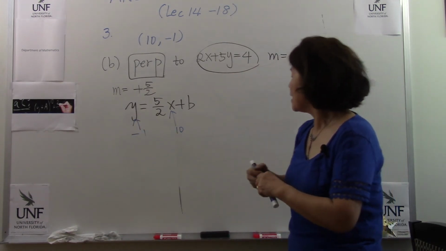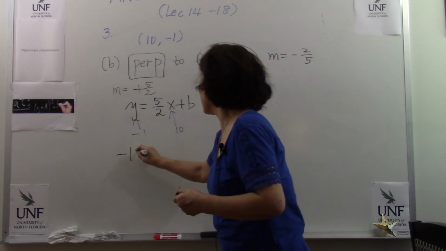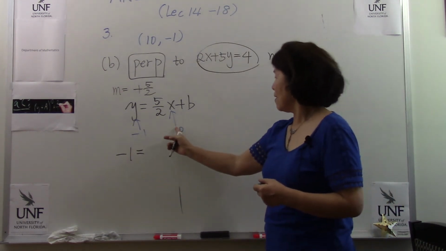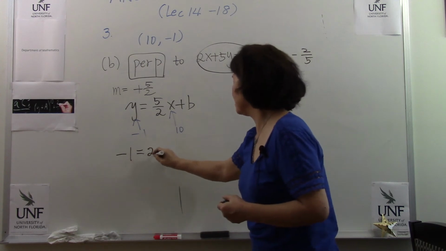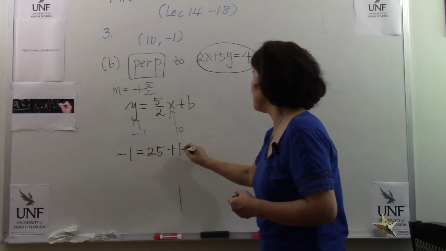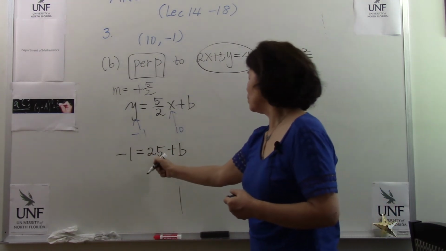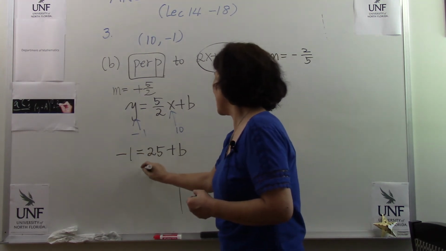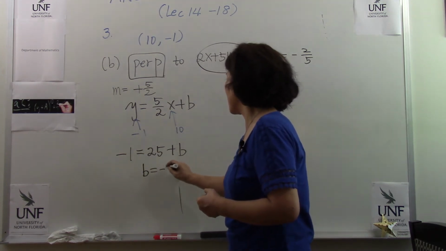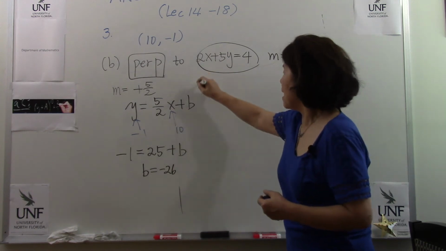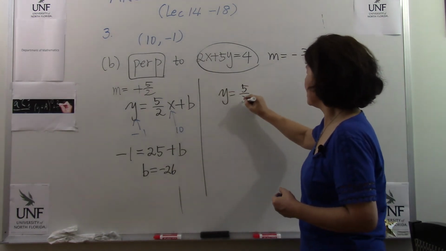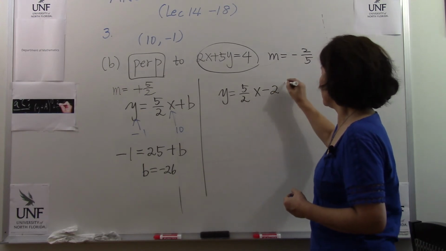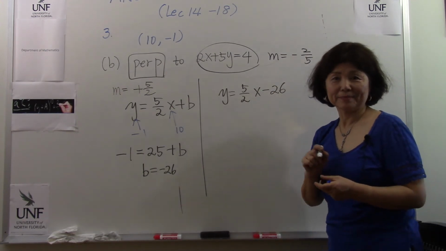So that gives you negative 1 equals, plug in 10, we cancel the 5 and 5, so that gives you 25 plus b. Now you subtract 25 from both sides, make it b equals negative 26. So our equation is y equals 5/2 x minus 26. Okay?